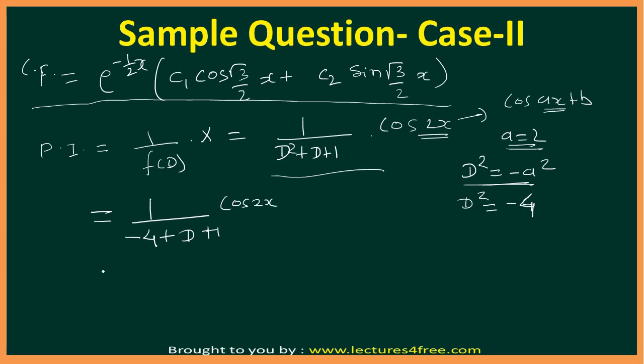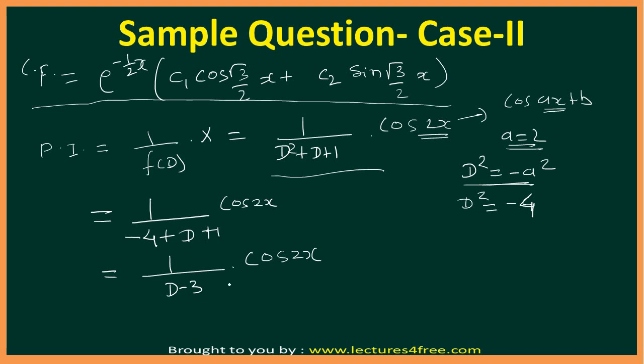So you will get 1 upon d minus 3 into cos 2x.